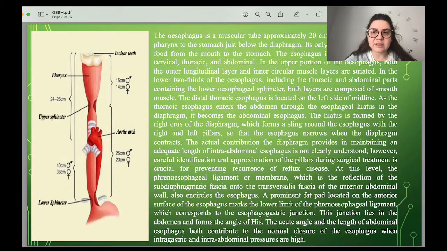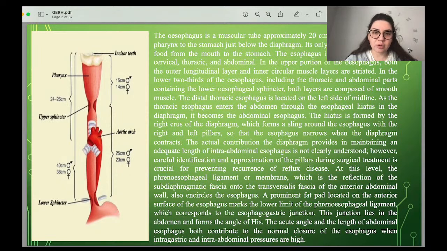The hiatus is formed by the right crus of the diaphragm, which forms a sling around the esophagus with the right and left pillars, so that the esophagus narrows when the diaphragm contracts. These mechanisms take the function of a sphincter, or pressure, or closing of the esophagus.